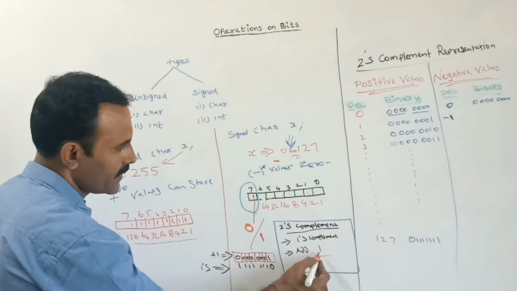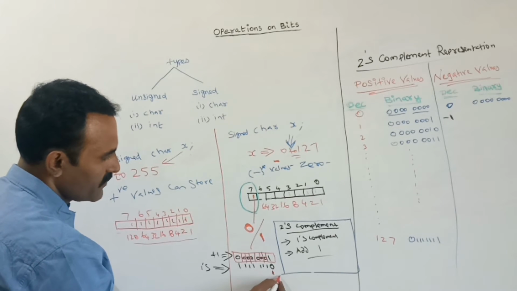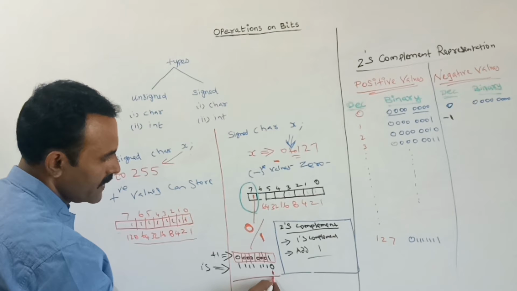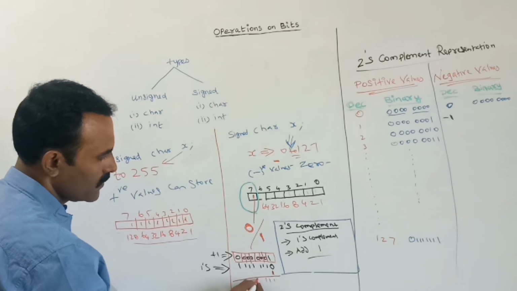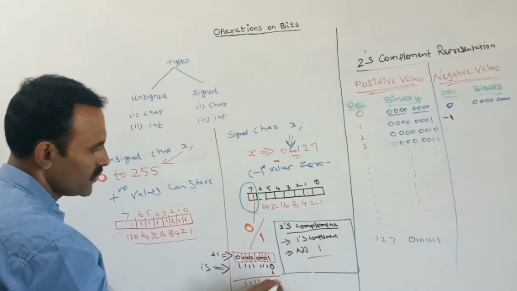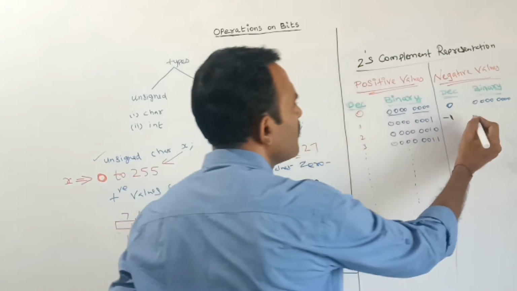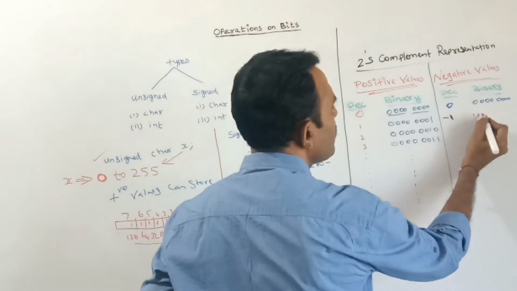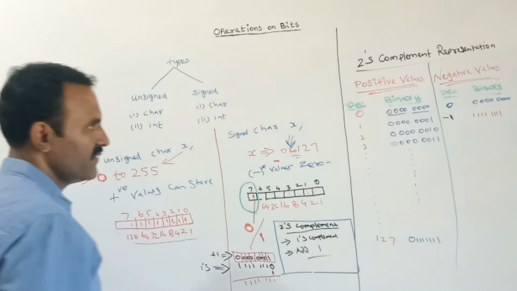Next, add 1. So now you add 1 here. If you add 1, what is the result? Here 0 plus 1 is 1. Next here 1, 1, 1, 1, 1, 1. So every bit value is 1. So for minus 1, what is the binary value? Every bit value is 1.